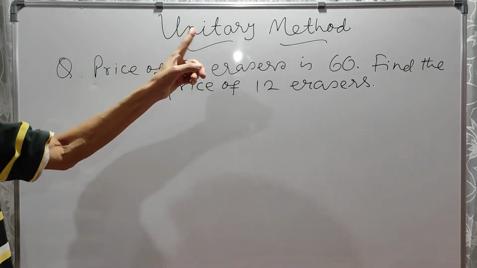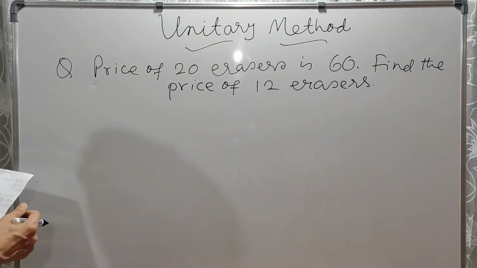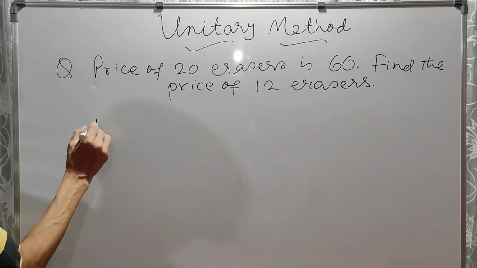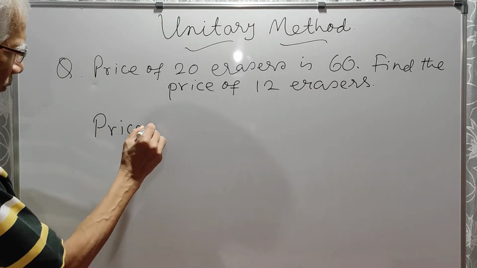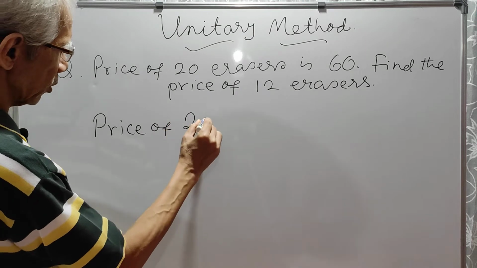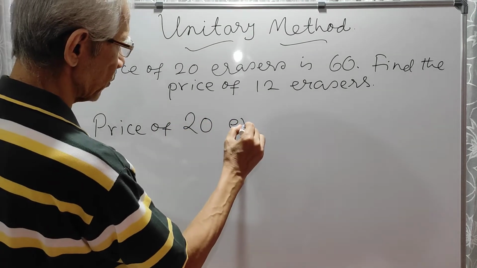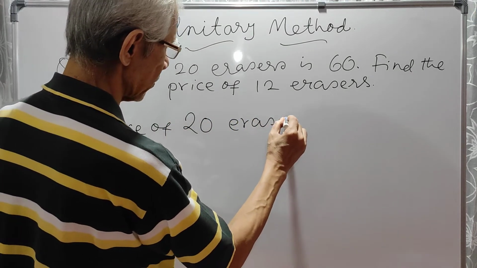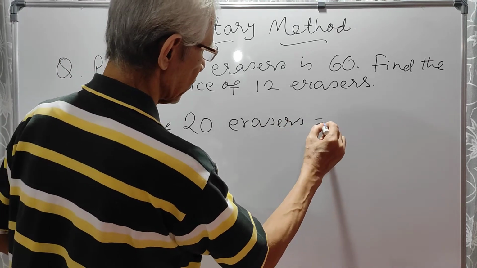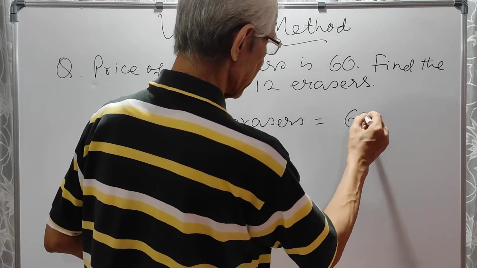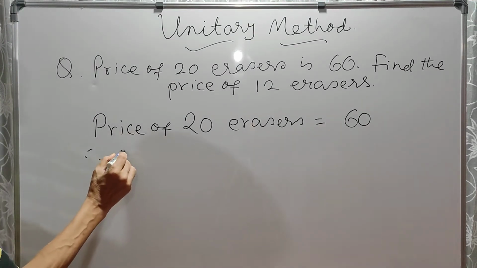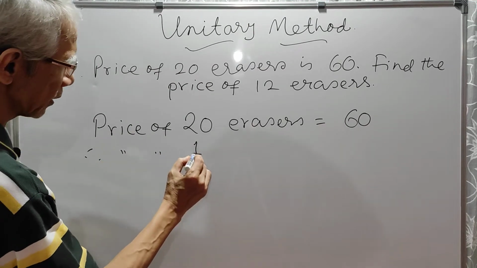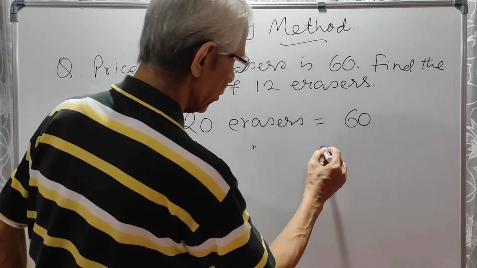Now we will follow the unitary method this way. We will write: price of 20 erasers equal to rupees 60. Therefore, price of 1 eraser equal to what?